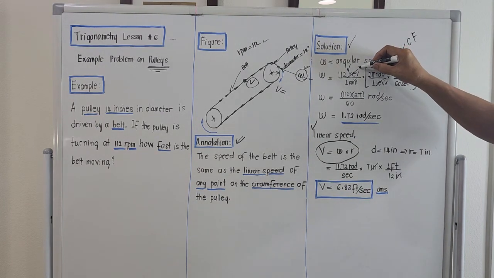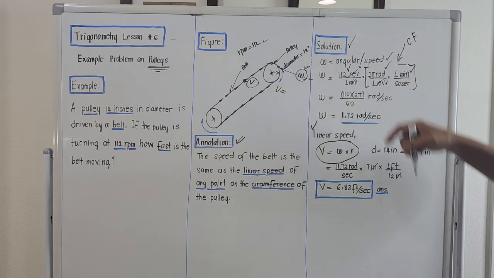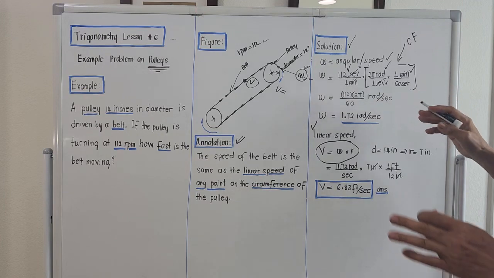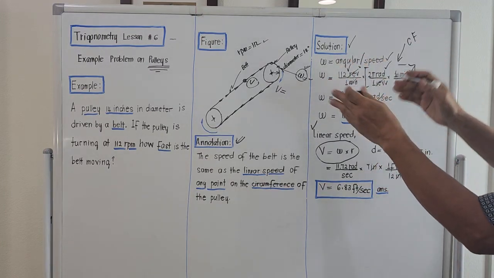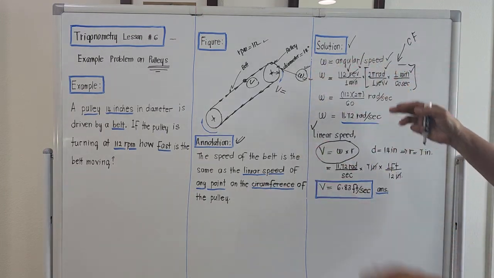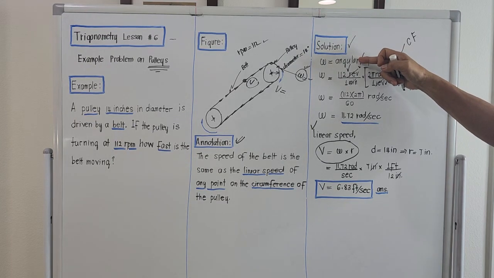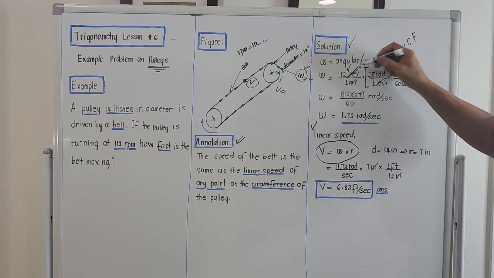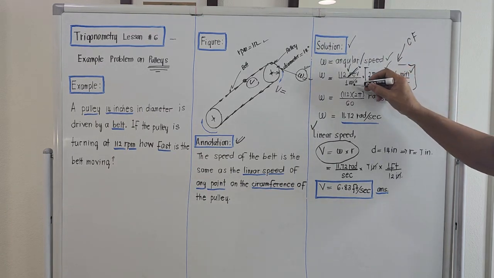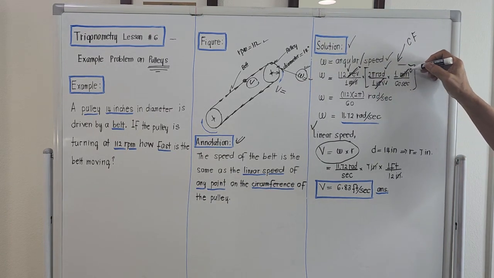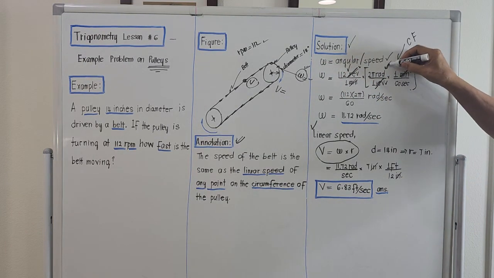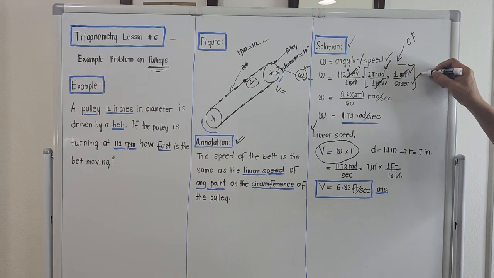This is just the angular speed in terms of revolutions per minute. So let's make some cancellation. Since the operation is multiplication, we can cancel something on the numerator and the denominator if they are equal. So this revolution cancels with this revolution, and this minute cancels with this minute. What remains on the value of omega will be simply radians per second.